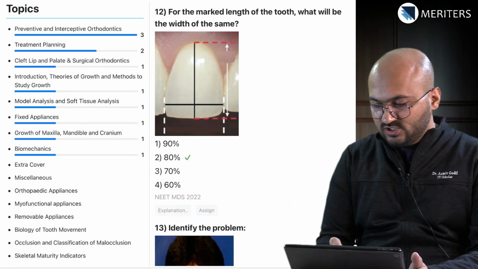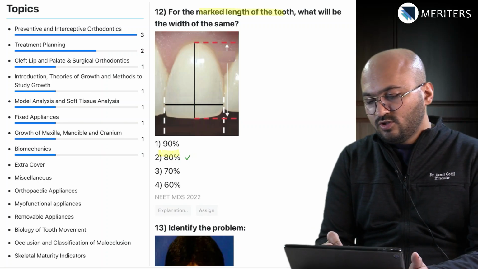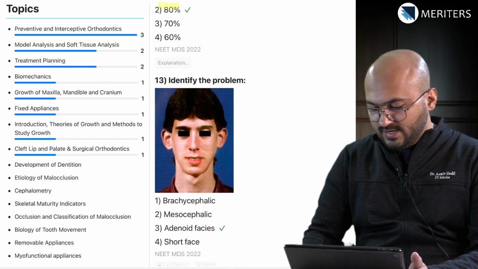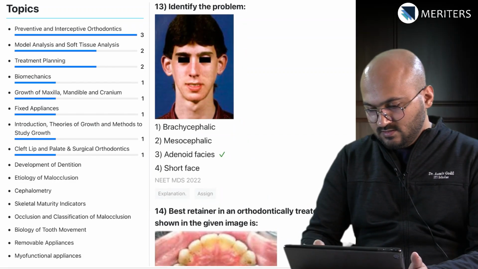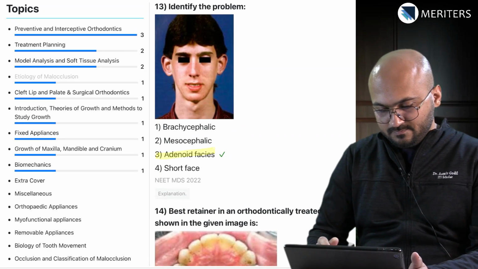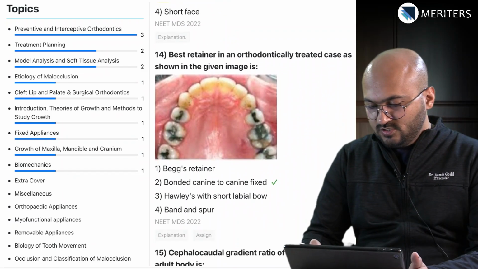Then there is a question on golden proportion as to what should be the length of the tooth in the picture. So that's model analysis. Then a clinical picture of adenoid faces that corresponds to etiology of malocclusion.